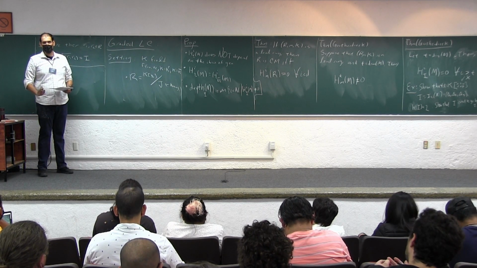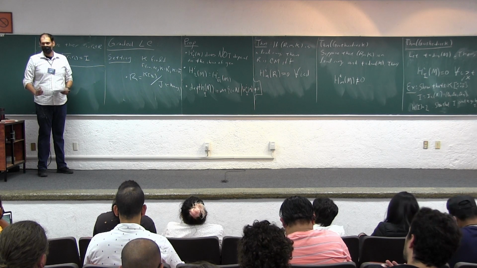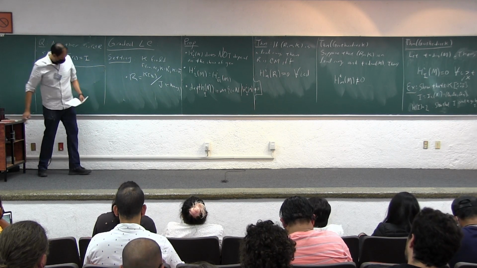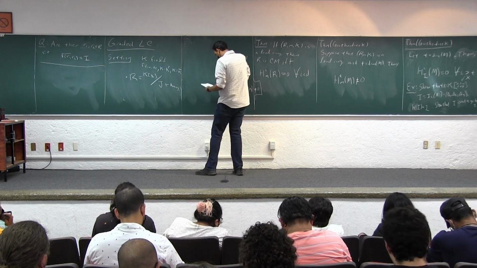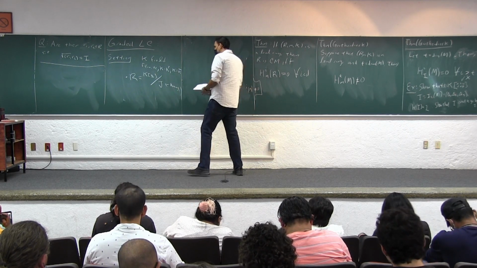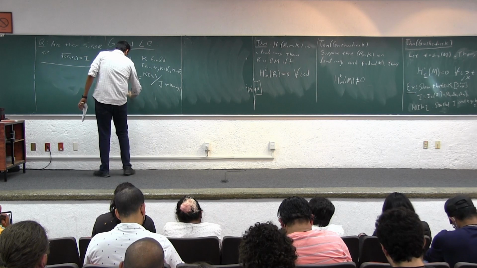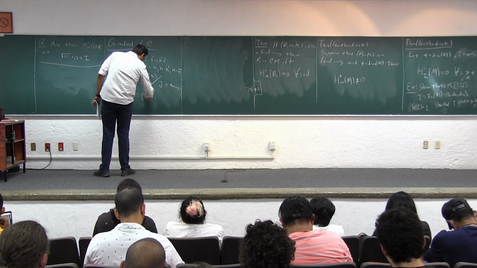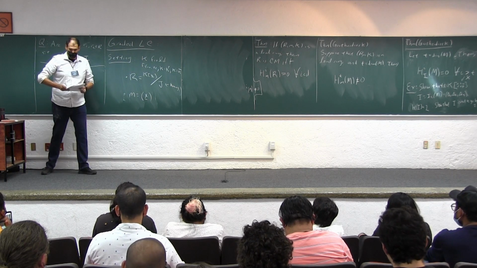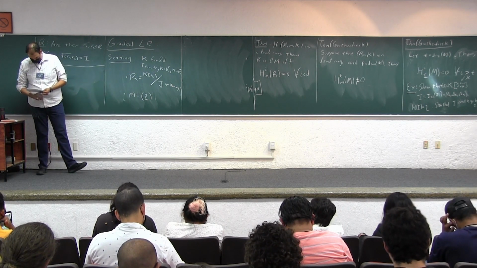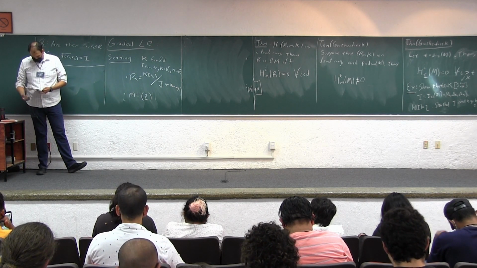Are we good so far? And in our setting, we're going to take m generated by the variables, or the classes of the variables, which we're going to write the same as the variables. This is the maximal homogeneous ideal.